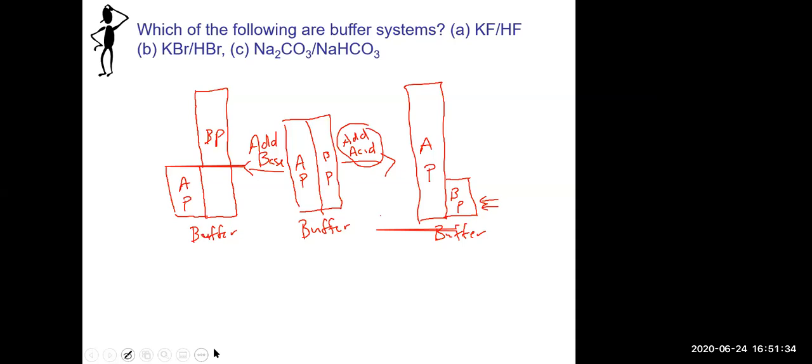So when we want to make a buffer, we always want to make it properly based on the application. And that has a lot to do with the molarity that you want to make of your buffer, and also the molarities of the reagents that you may be adding to your buffer.